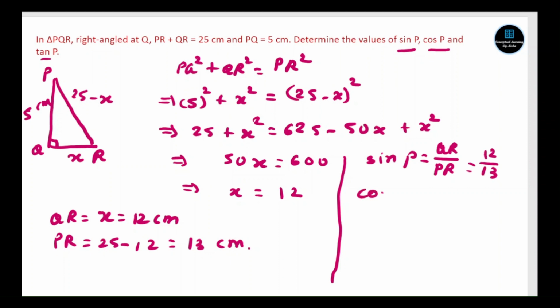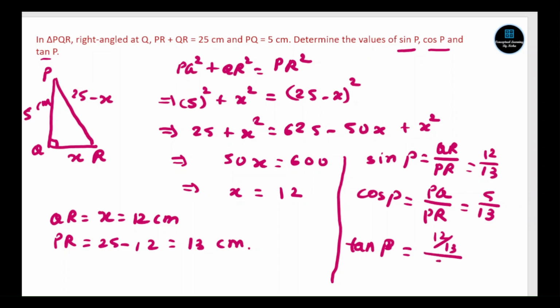Now cos P, which is adjacent base to hypotenuse, which is PQ over PR. So this is 5 over 13 and tan P is nothing but the ratio of these two. So I'll get 12 over 13 to 5 over 13, which is nothing but 12 over 5. So we got all the three values.